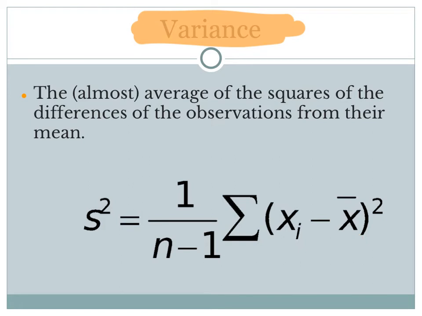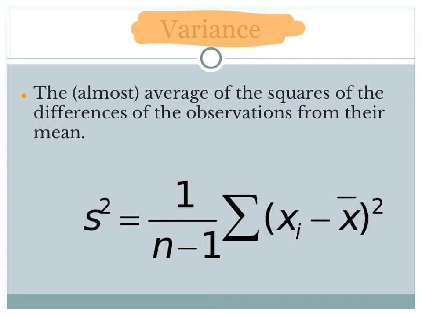So the difference between the mean and the individual data points. We're going to take that difference and square it. Part of the reason we square it is so that those values all become positive. Another is so that we can kind of exaggerate larger differences.